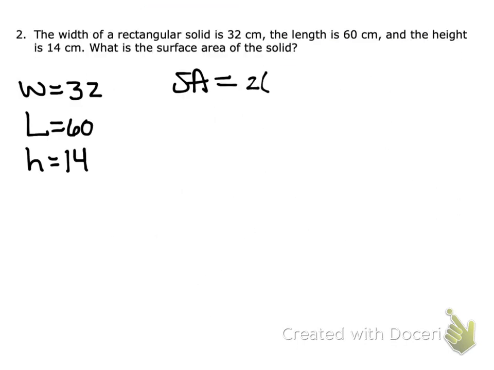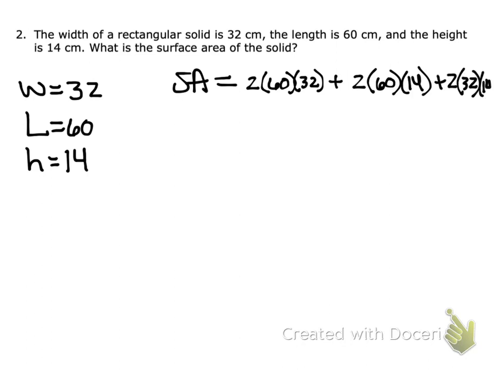We have 2 times 60 times 32 plus 2 times 60 times 14 plus 2 times 32 times 14. And really the order doesn't matter as long as you've done all pairs of those numbers.